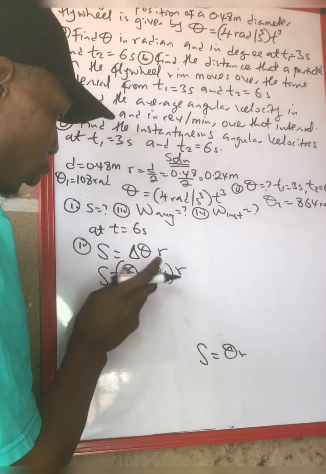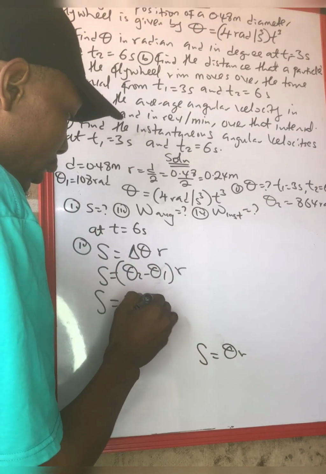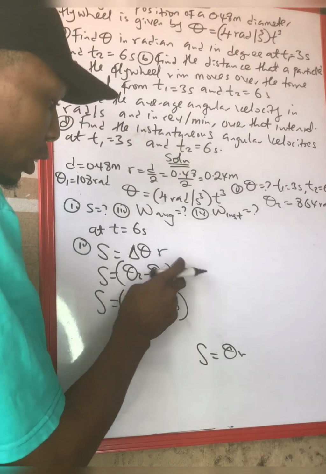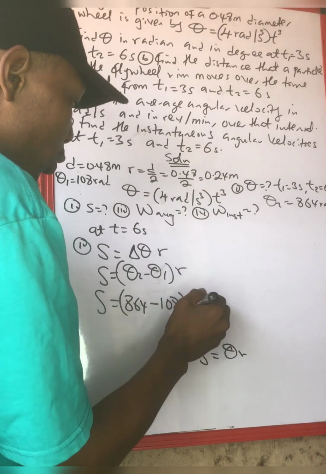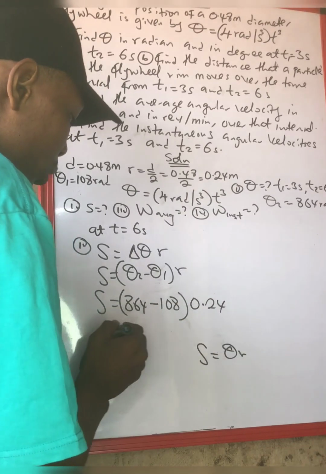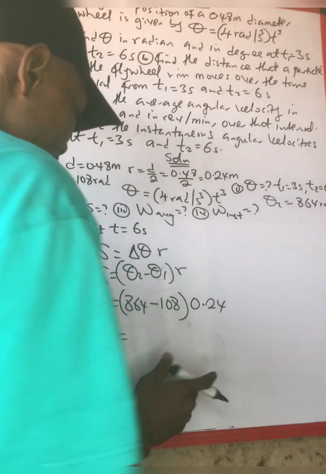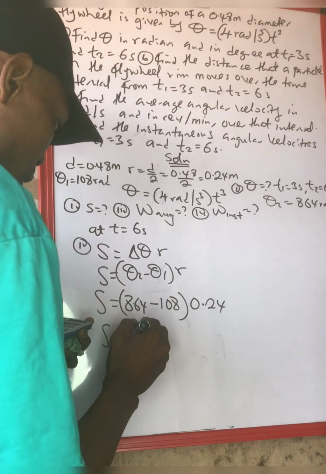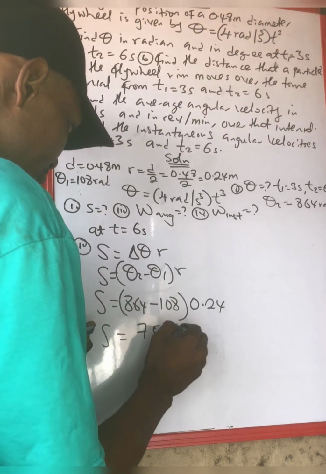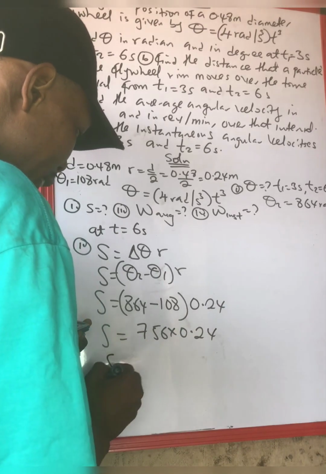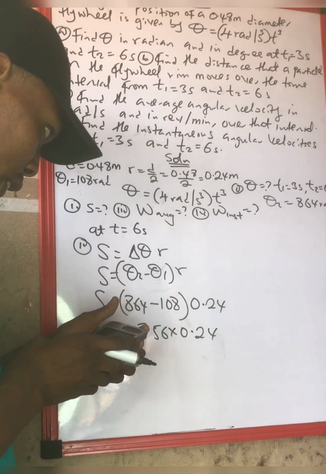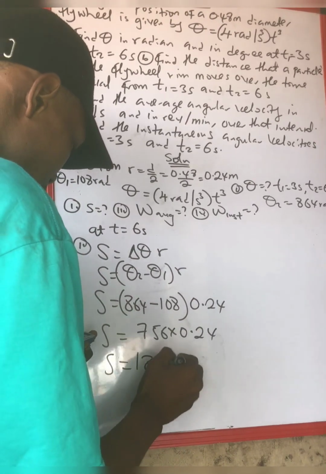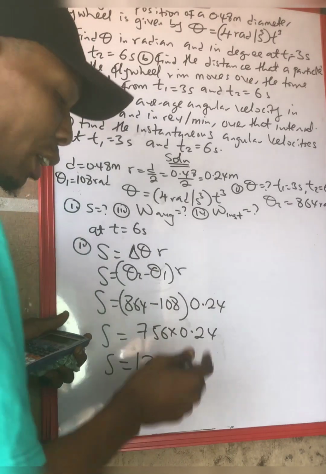So our distance is going to be 864 minus 108, then our radius is 0.24. 864 minus 108 gives us 756, times 0.24. So distance is going to give us 181.44 meters. So that's our distance.